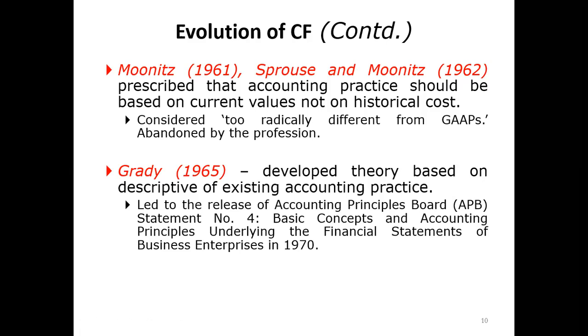In 1961 and 1962, they prescribed that accounting practice should be based on current values, not on historical cost. This was one of the most controversial recommendations at that time. The Accounting Principles Board of the AICPA identified that when it comes to reporting statement of financial position items, that is assets and liabilities, rather than using historical cost, it is better that these assets and liabilities are reflected at current values.